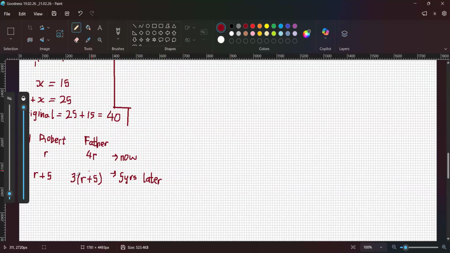This one doesn't give us anything like the sum of the ages and all that.